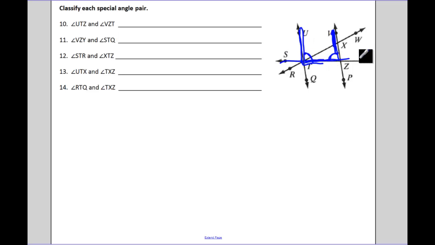You've highlighted your transversal, your other 2 lines. Well, that's going to be same side interior. Same side of the transversal, and they're in between. So it's same side interior.